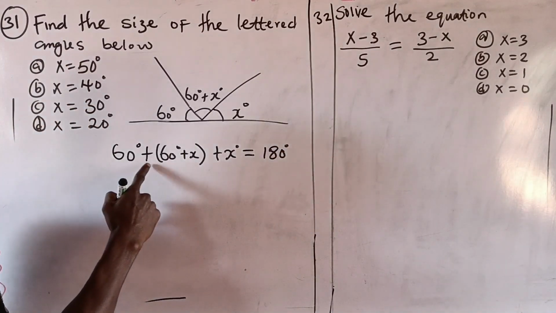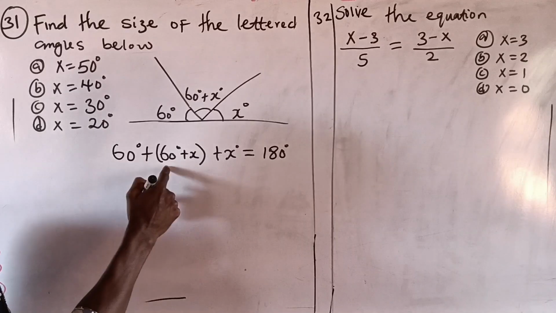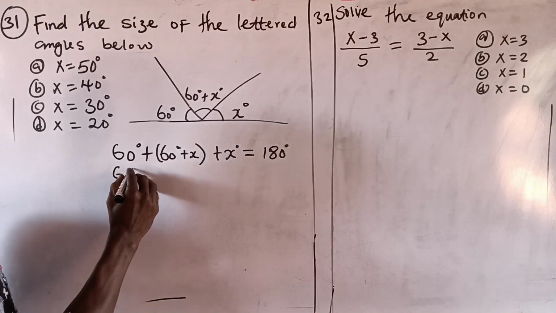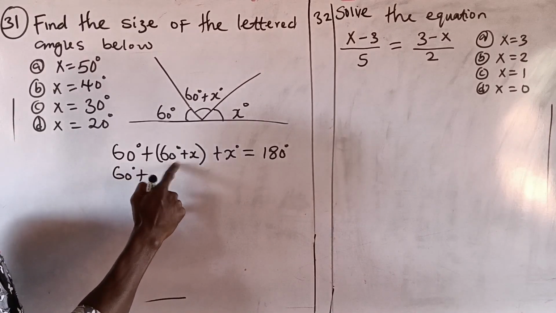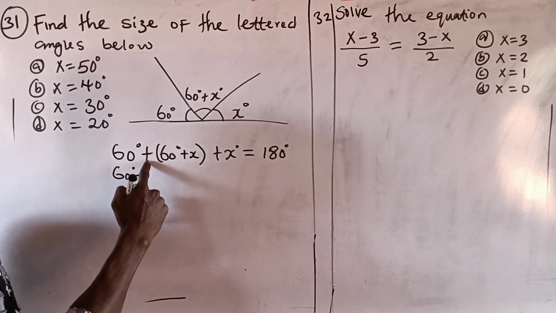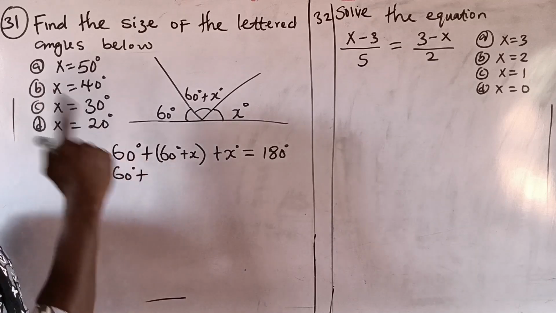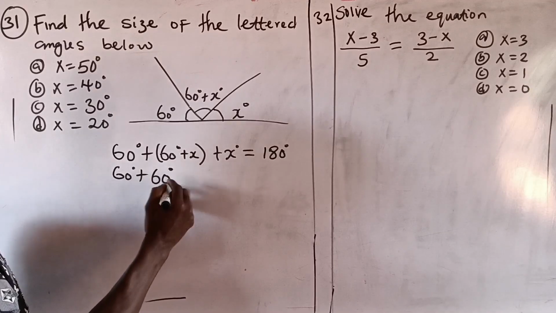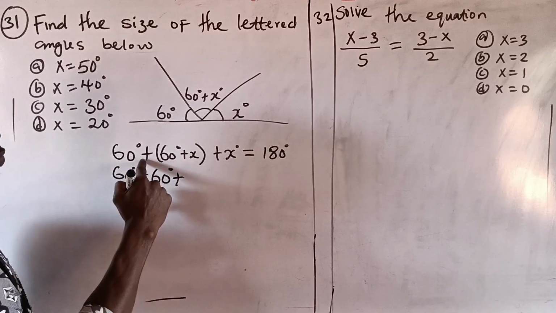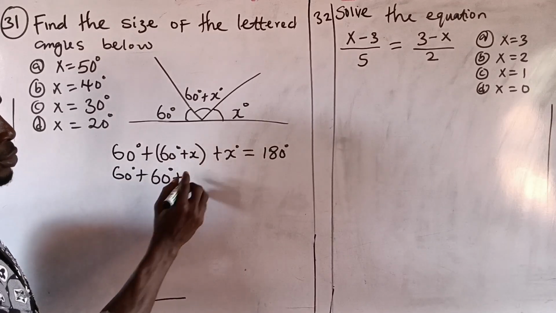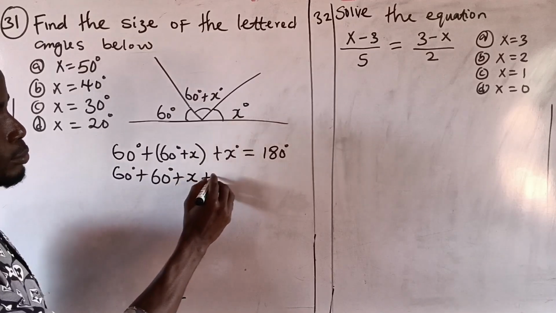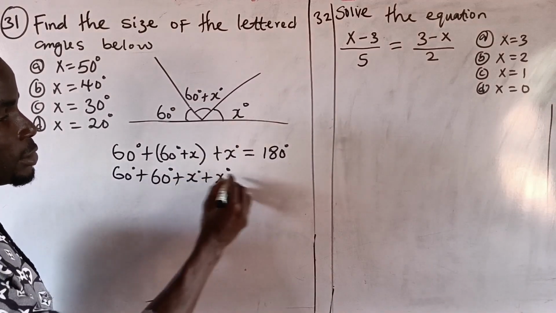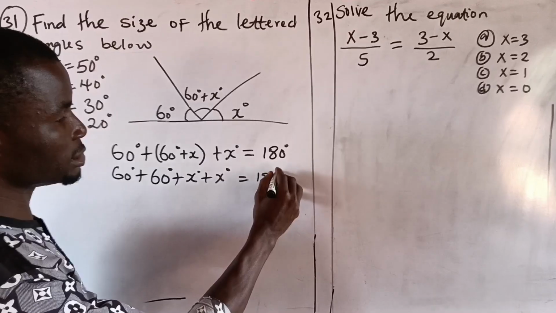So now let's bring out this from the bracket. We have 60 degrees plus, we are using plus, that is 1 plus to open the bracket. So we have 60 degrees plus, because plus times plus will still give us plus, so plus x degrees equals to 180 degrees.